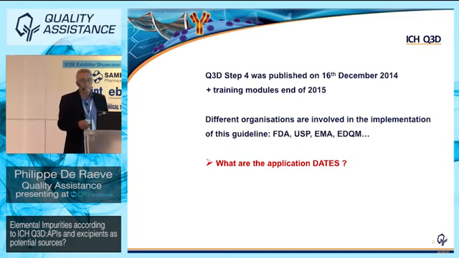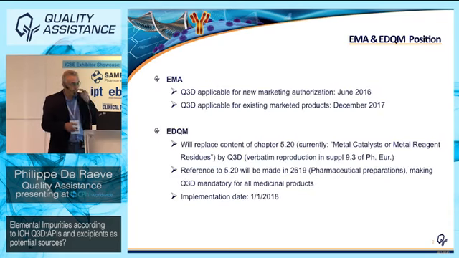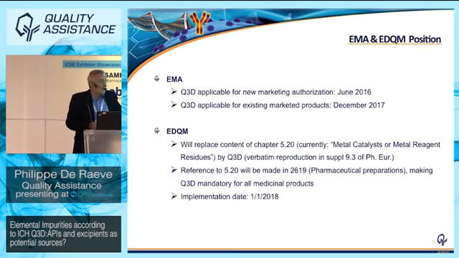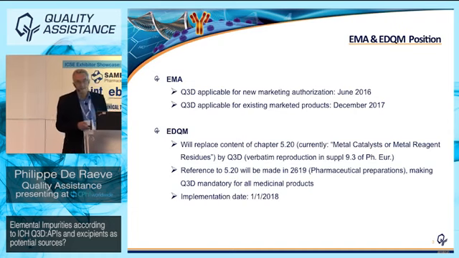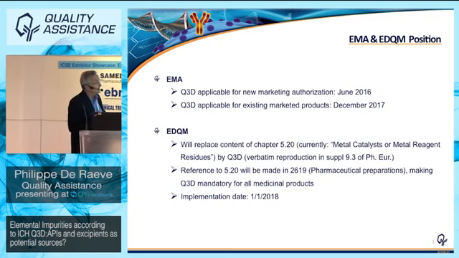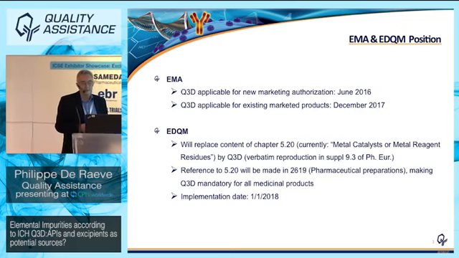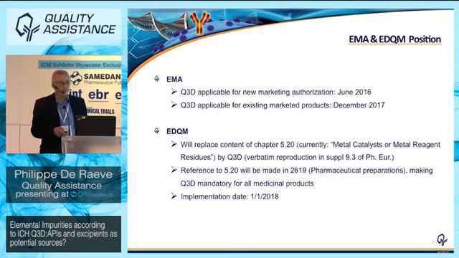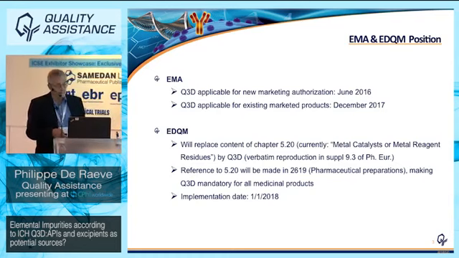Different organizations are involved now in the implementation of the Q3D. EMA has already stated that Q3D will be applicable June next year for new marketing authorization, while for existing product, it will be end of year 2017.